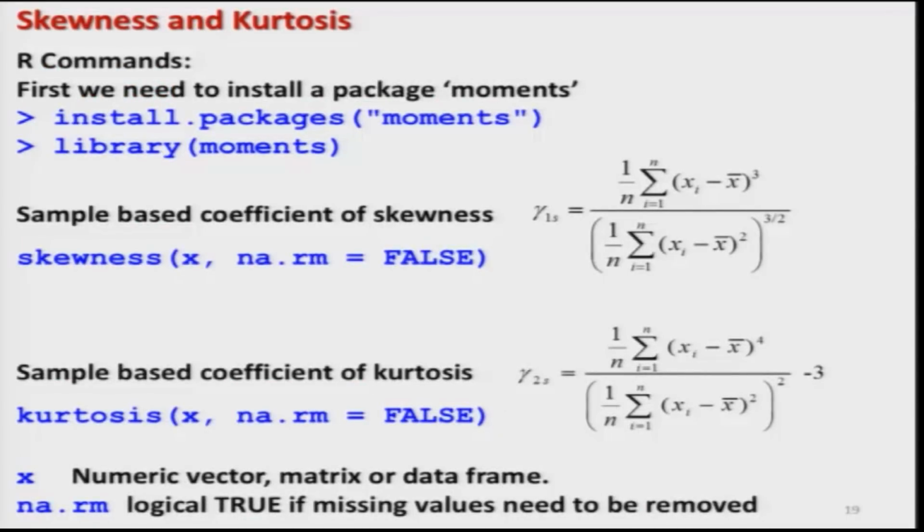Right. So, now we have a fair idea of how to measure two types of characteristics in a frequency curve, symmetry and peakedness, and they are quantified by the coefficients of skewness and kurtosis. Now the next question is how to compute them in the R software.